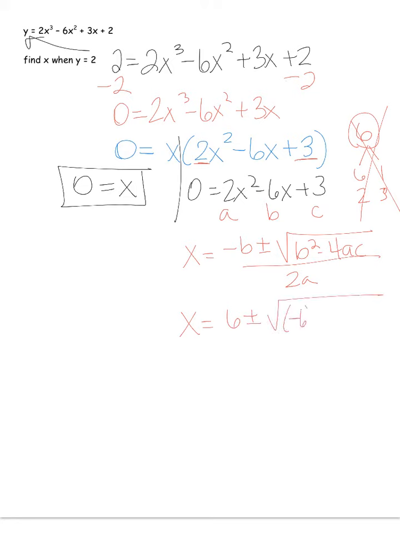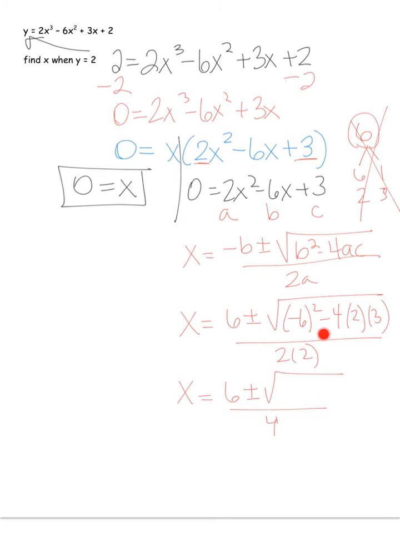And then we'll have negative 6 squared minus 4 times 2 times 3 all over 2 times 2. Okay, so we can do 2 times 2 is 4 for the bottom there pretty easily. And then we're going to want to grab a calculator because we're going to want to type this part right here exactly like it looks in our calculator to find out what number that is. And we find out it is 12.